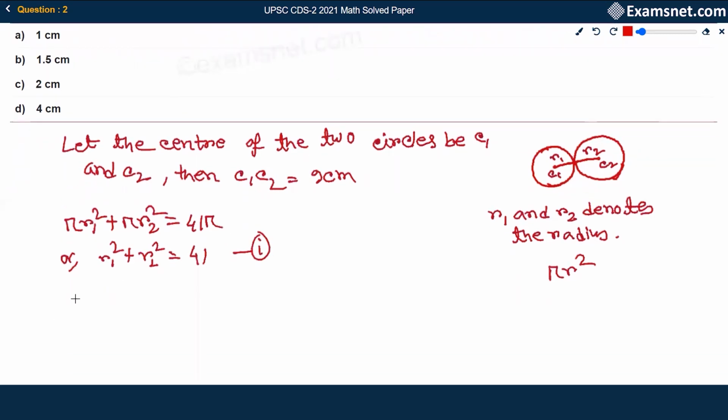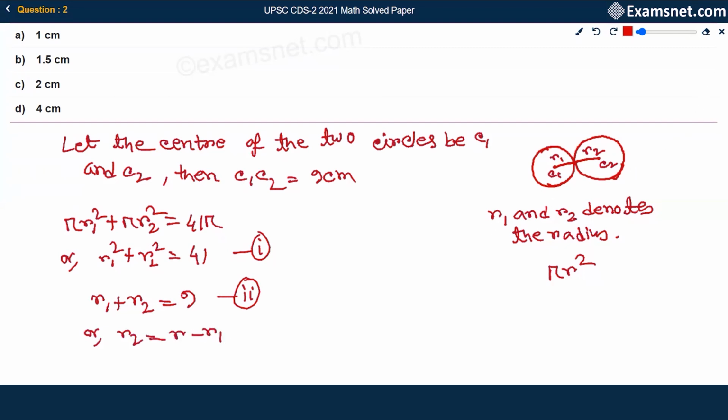Also, the distance between their centers is 9 centimeter. Since they touch externally, R1 plus R2 equals 9, equation number 2. Now from here I can write R2 equals 9 minus R1.